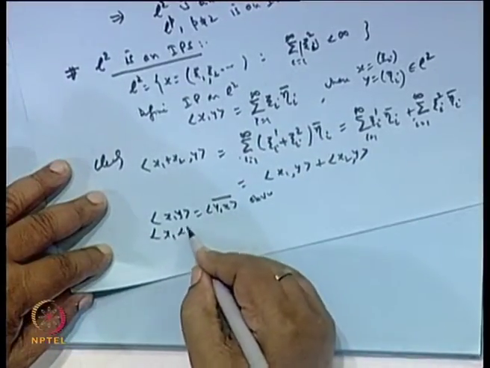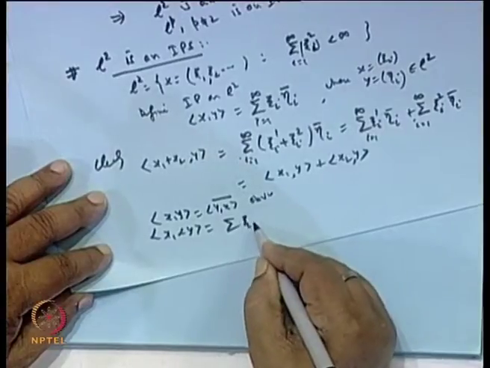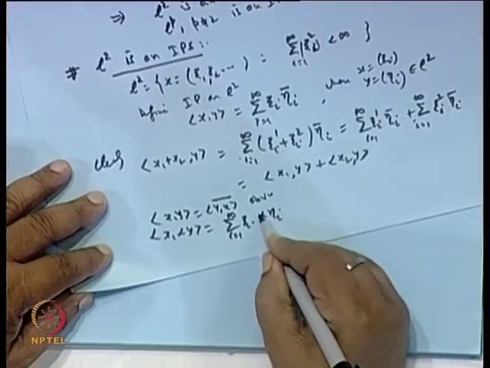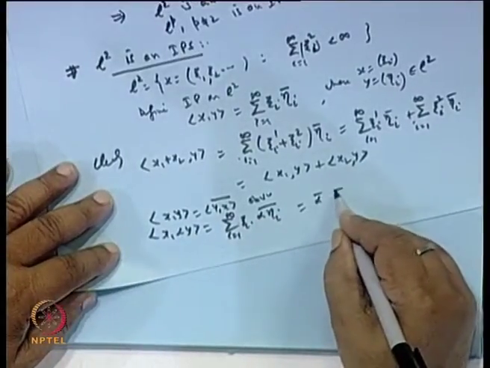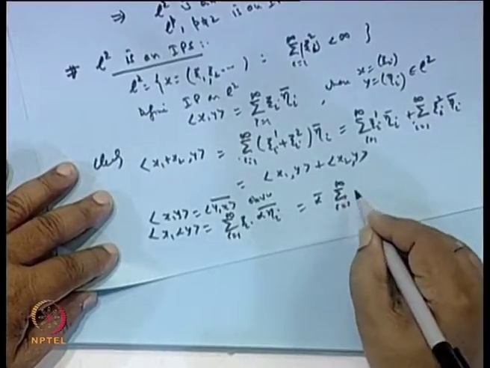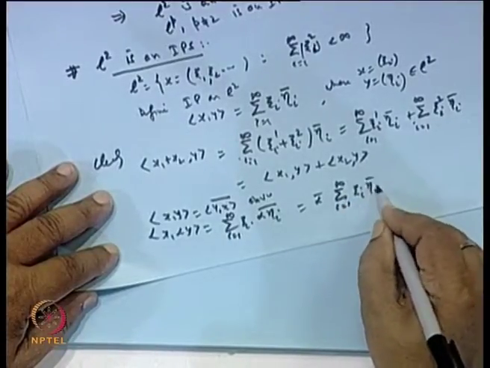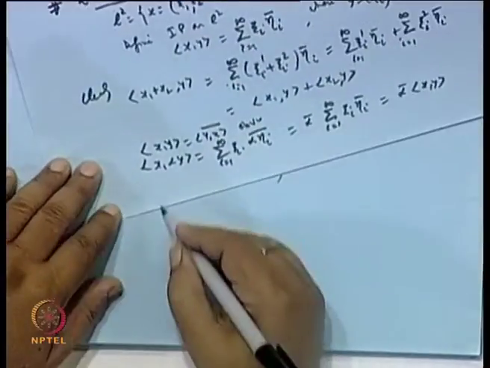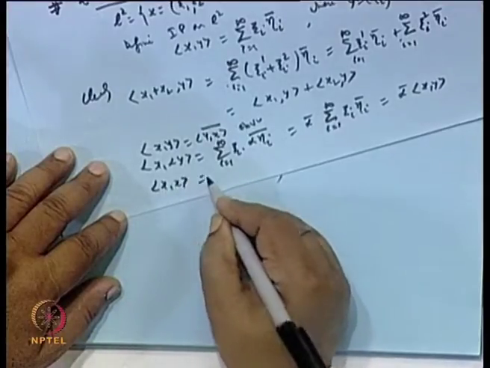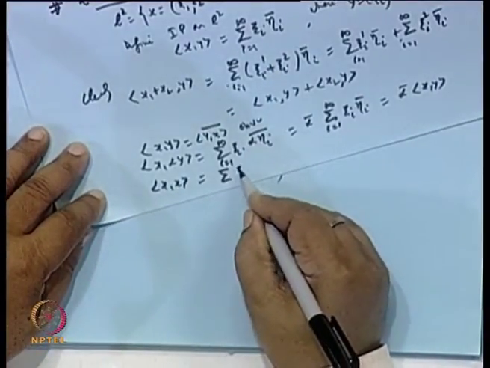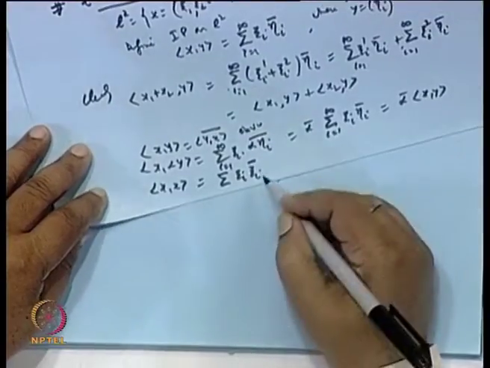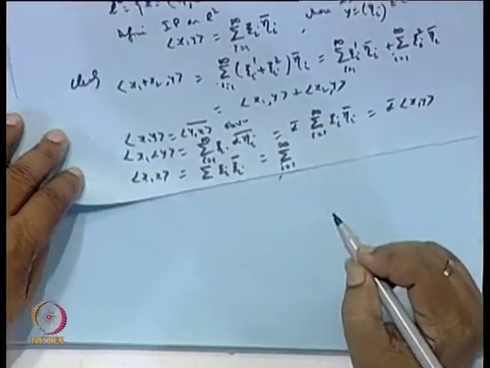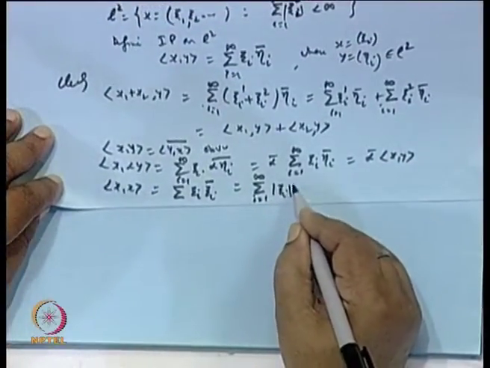Inner product of x with alpha y gives alpha eta i conjugate. So, alpha bar is coming outside, and that will be equal to alpha bar times the inner product. Then what is our inner product of x with x? It is nothing but sigma xi i times xi i conjugate, and that is equal to sigma i equal to 1 to infinity mod of xi i square.